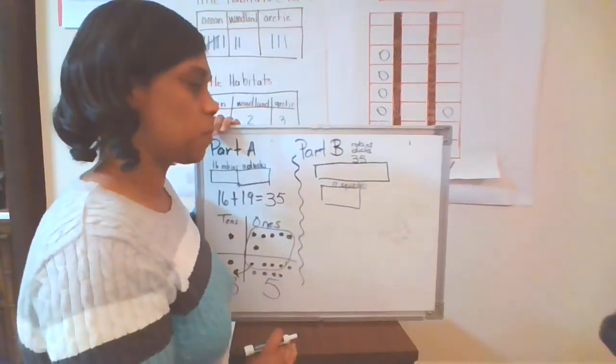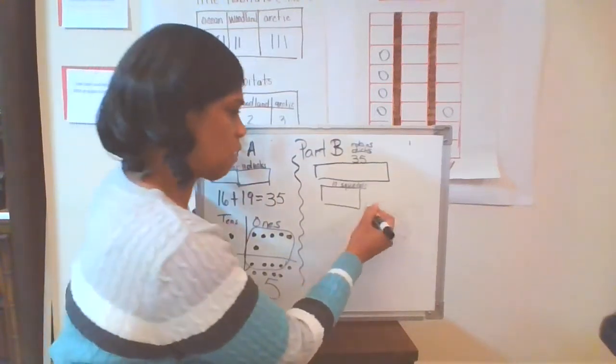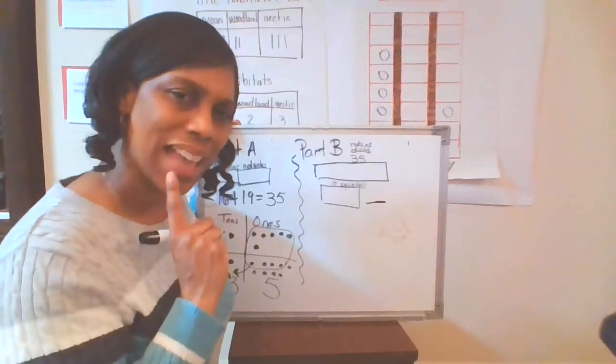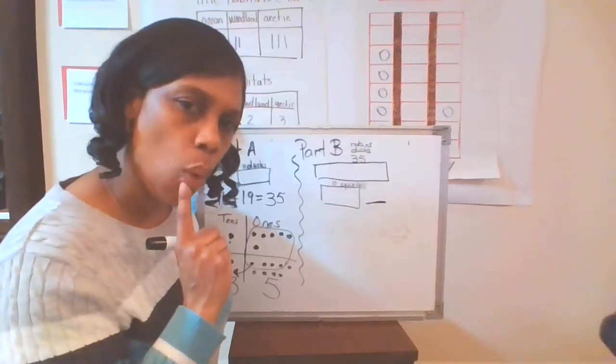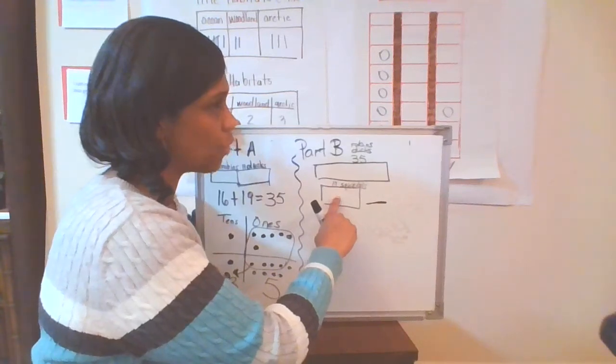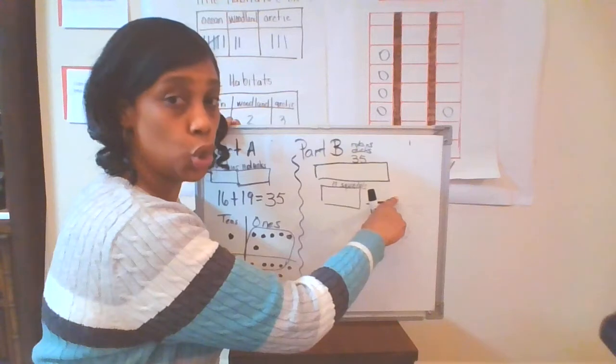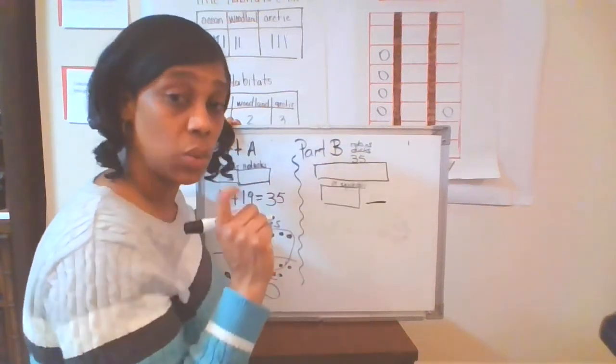Now, so this is a missing area here. And the question is, how many more? Oh, so if I have squirrels and I want to know how many more will get me to the number 35, I could do this in 2 ways.